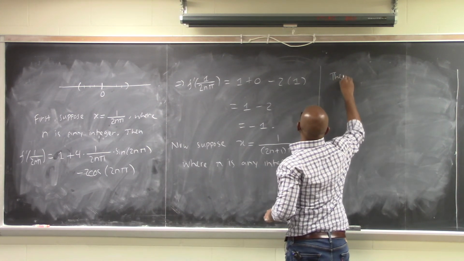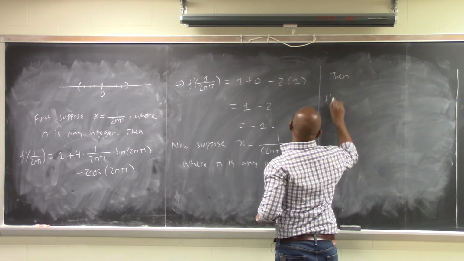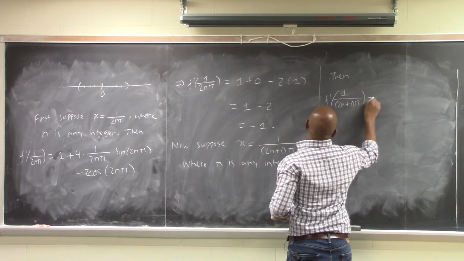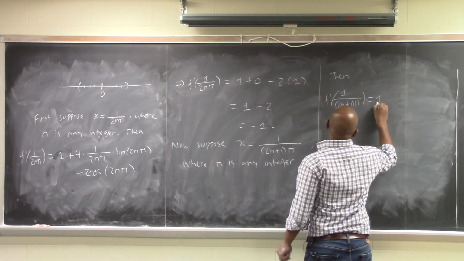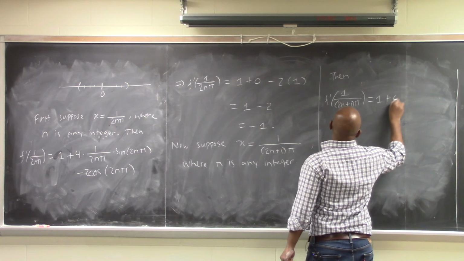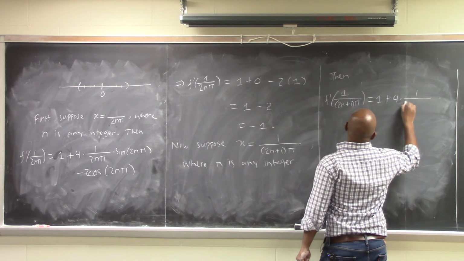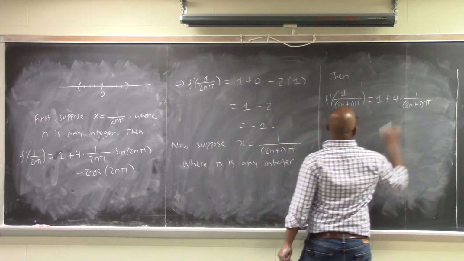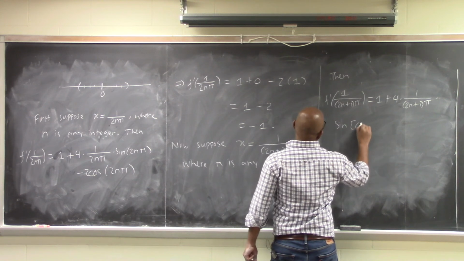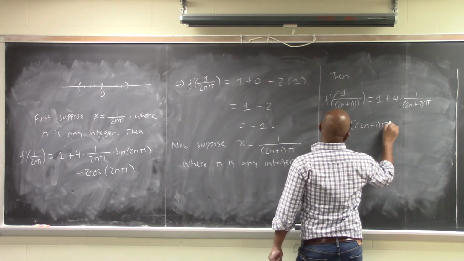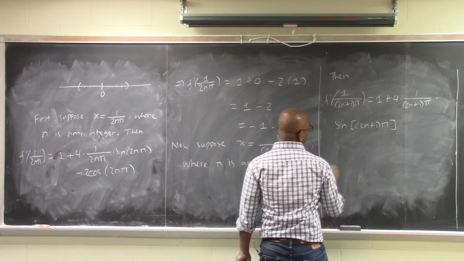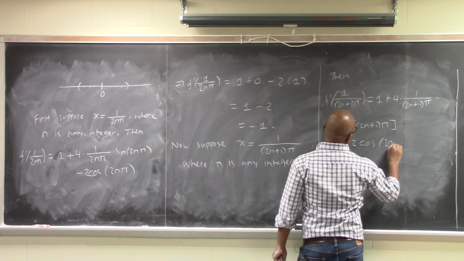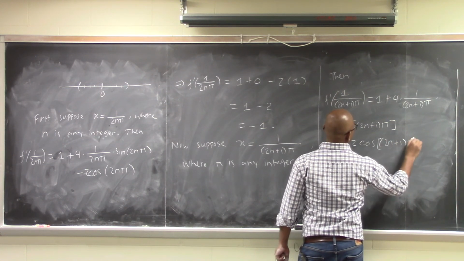Then f prime of 1 over (2n plus 1) pi is 1 plus 4 times 1 over (2n plus 1) pi times sine of (2n plus 1) pi, and then minus 2 cosine of (2n plus 1) pi.